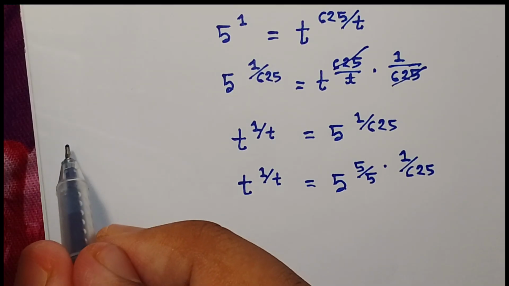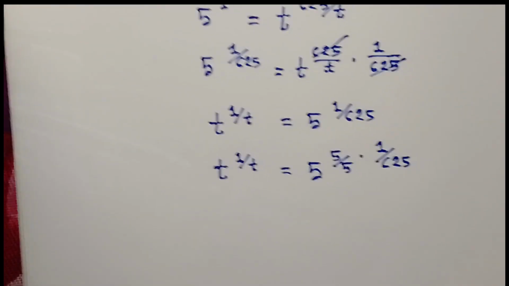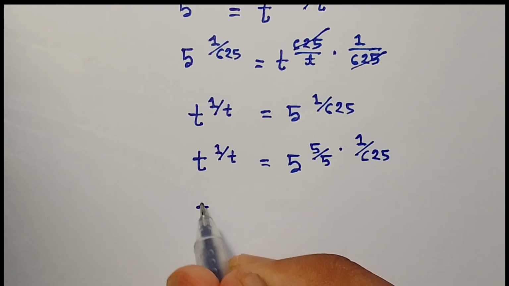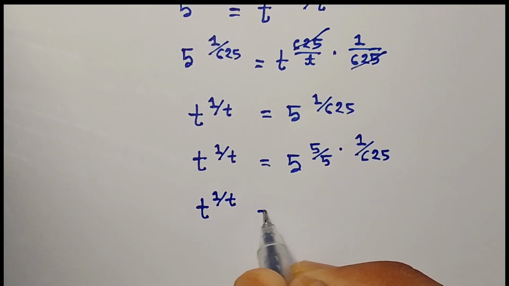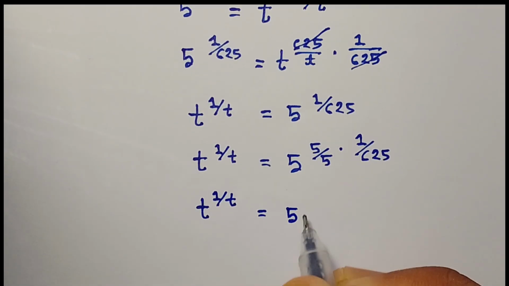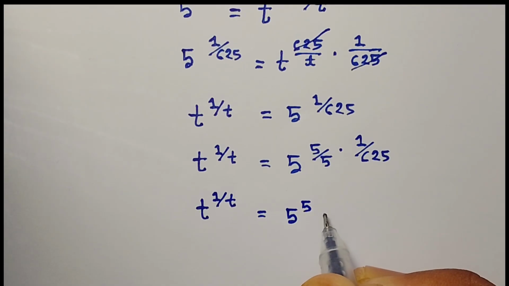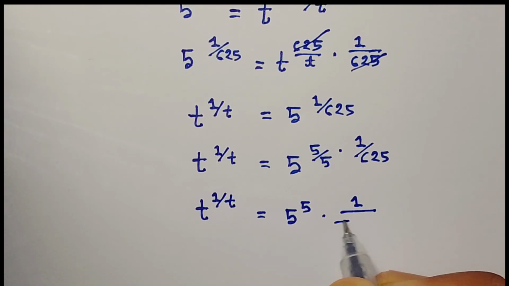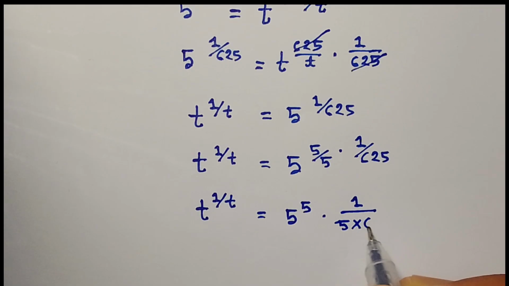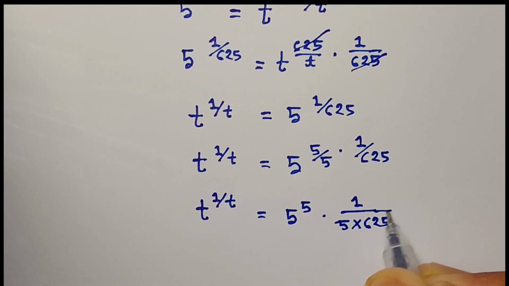We can write this now t to the power 1/t equals 5 to the power (1/5) × 625.